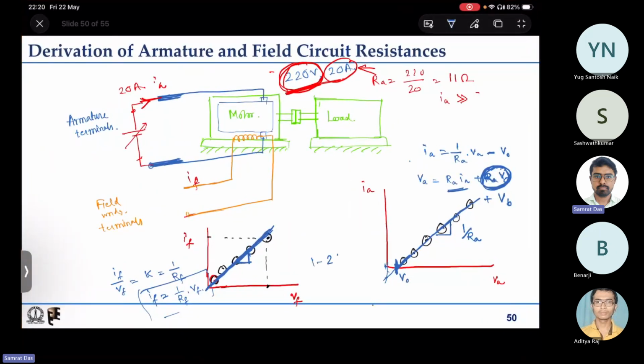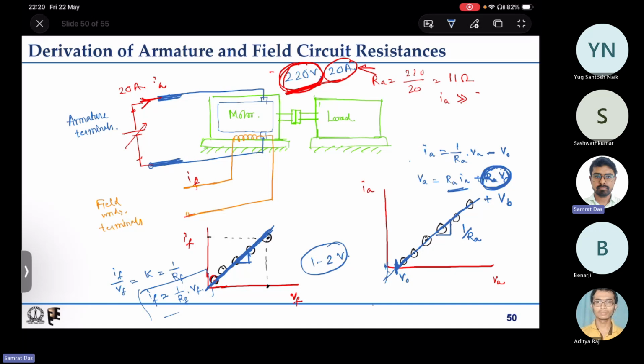It typically ranges from say 1 to 2 volt. If you remember your numerical problems, brush voltage drop is typically given as 1 volt, 2 volt, 1.5 volt, in that range. We will not include it, because this small brush voltage drop of 1 volt or 2 volt is quite insignificant compared to the 220 volt supply or the significant back EMF.